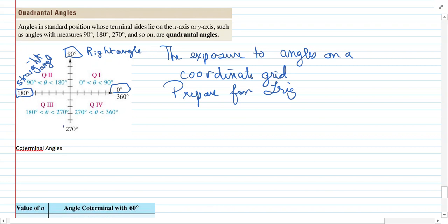And then our next one is 270 degrees, which is all the way to the negative y-axis. And it is 90 degrees from the 180, and then we end up with 1 revolution at 360.